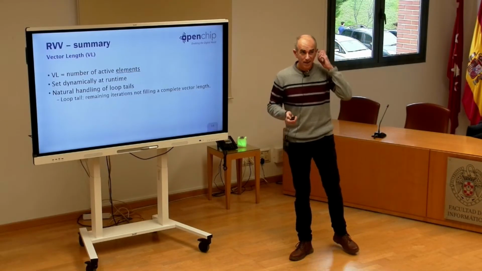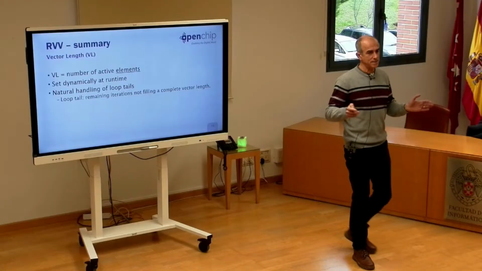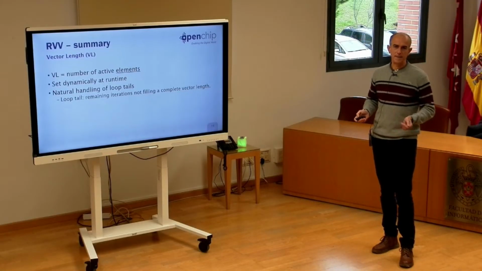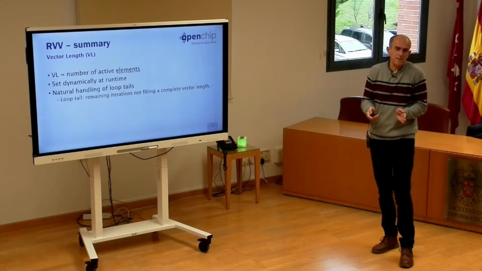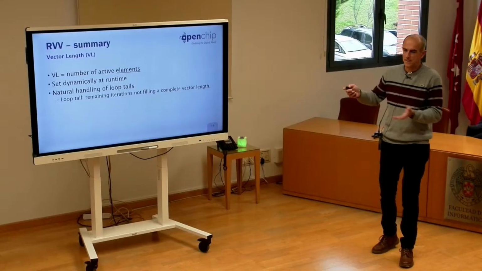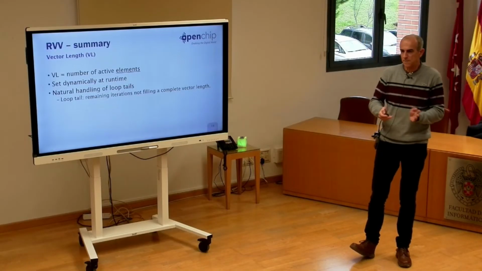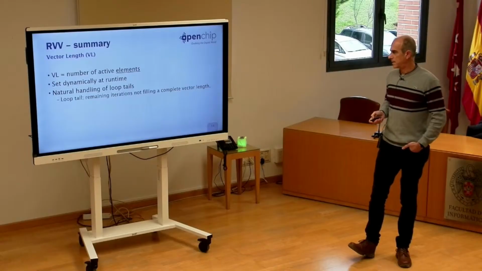Loop tails are when you have a big vector which doesn't fit inside a vector register, so you split the vector into pieces, and the last piece is smaller, and this is the tail. You can manage the smaller vector in the same way.